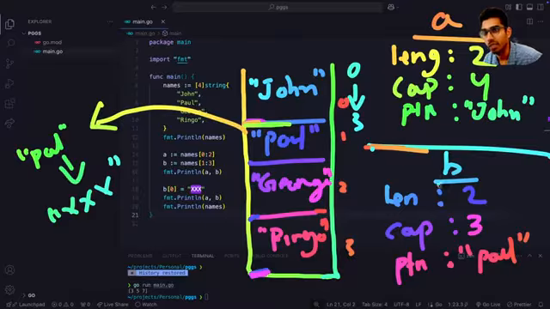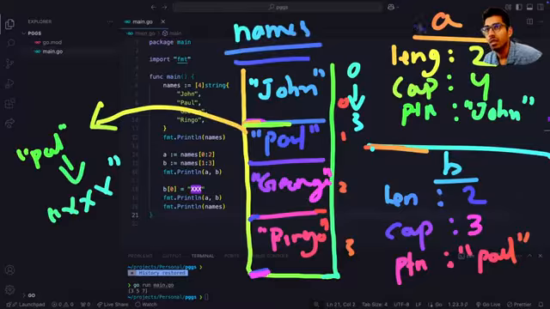One is A, another is B. Now the array names, the slice A, the slice B, all 3 of them point to the same thing. Names is the actual data type, and the slices A and B point to names. They are sliced from it, but they point to the same data. That's what you have to understand.